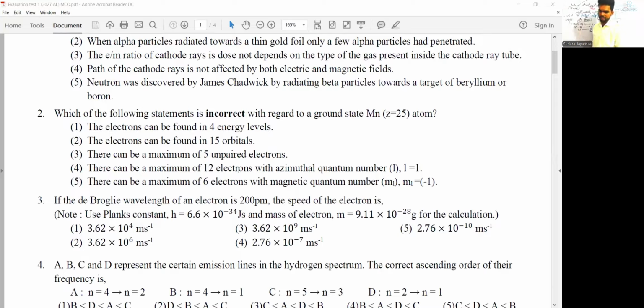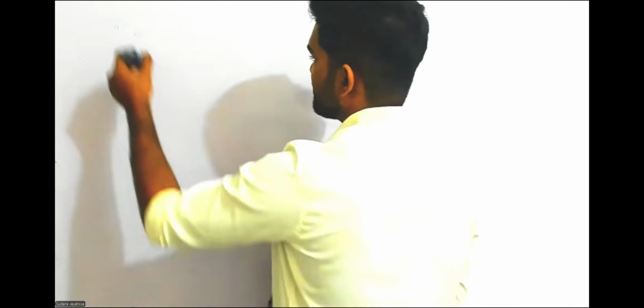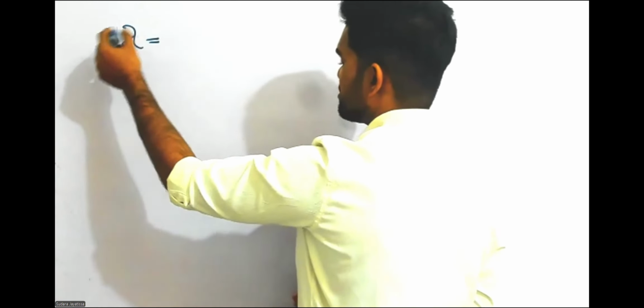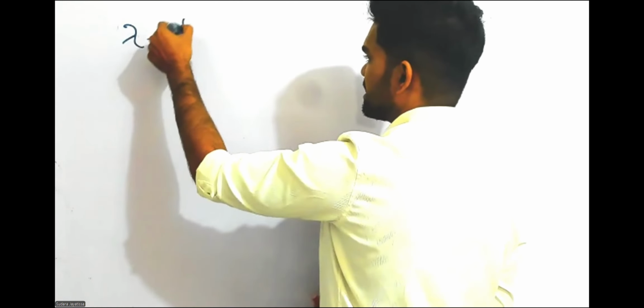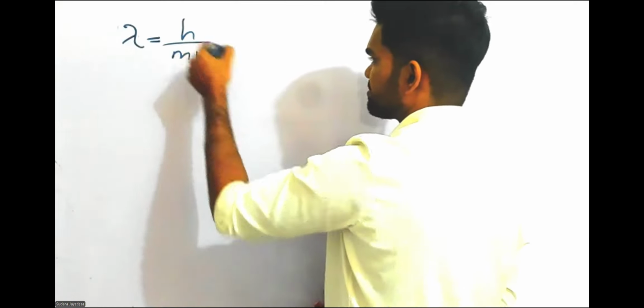If the de Broglie wavelength of an electron is 200 picometers, the speed of the electron is? Okay, first of all, what is the de Broglie equation? The de Broglie equation tells you the de Broglie wavelength is equal to h over mv.